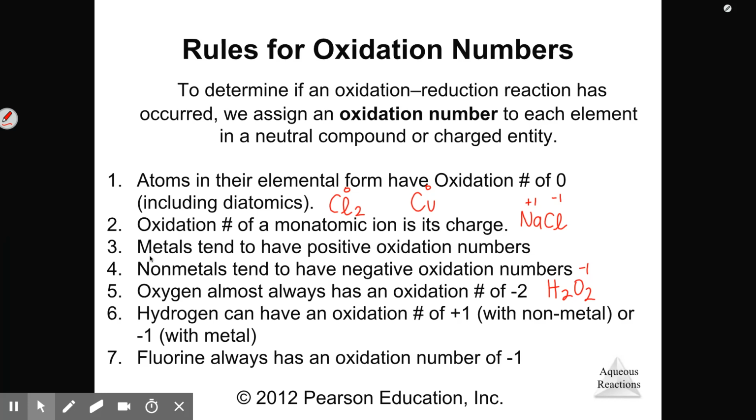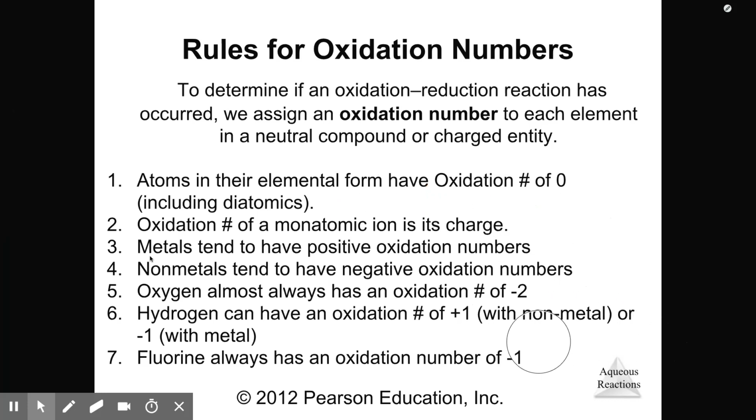Hydrogen can have an oxidation number of +1 if it's with a nonmetal and it's acting as the metal, or it can have a -1 if it's with a metal and acting kind of as the nonmetal. So we have to look at the situation we're in for hydrogen. And then fluorine always has an oxidation number of -1. So keep these rules handy as we're going to do some practice.